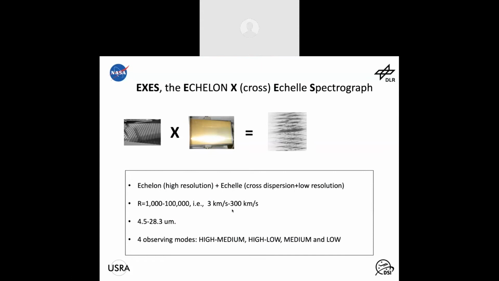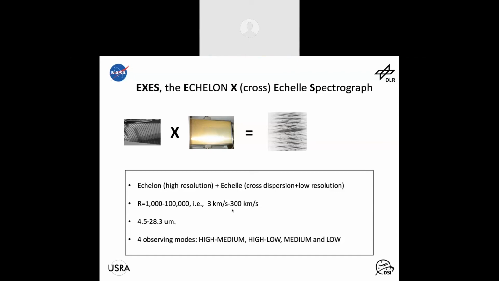So EXES is a mid-infrared spectrometer that operates between 4.5 and 28.3 microns. We get only about 1% of the operating wavelength, up to 4% of the operating wavelength at a time. That surprises some people, that we're not able to cover some of the very broad features in the spectrum in a single setting, those solid state features known from ISO and IRS spectra.